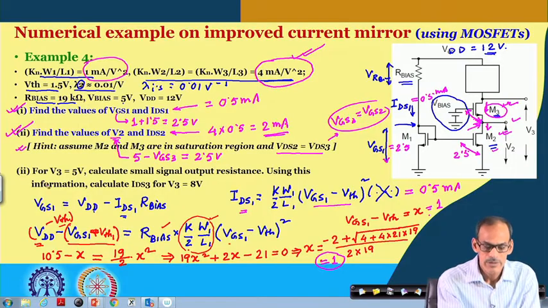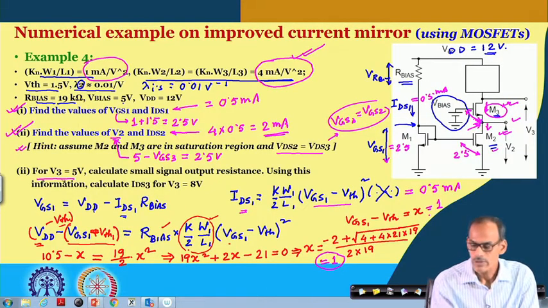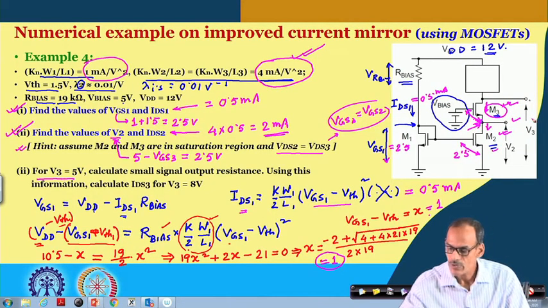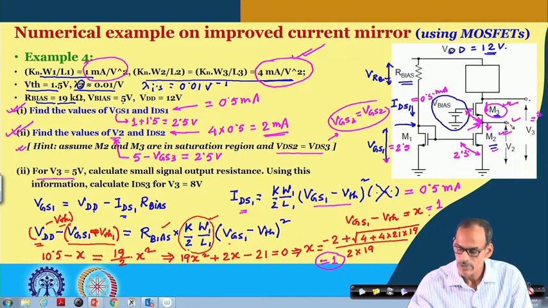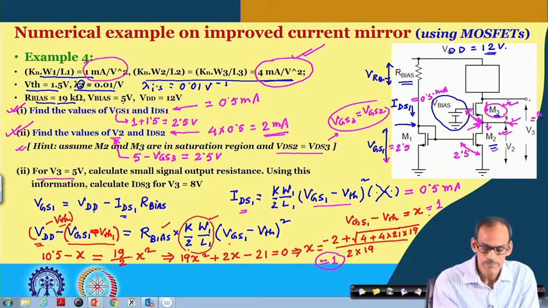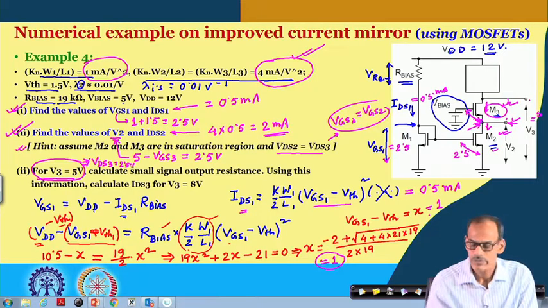Next thing is that for V3, if it is 5 volt, then what do we expect? Here we have 2.5. So, V3 equals 5 volt makes VDS3 also 2.5, right.